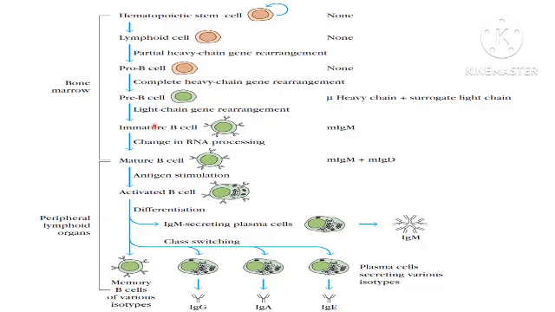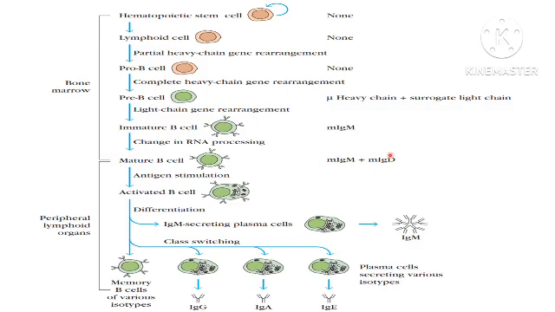After some RNA processing, the immature B cell becomes a mature B cell. This mature B cell, after antigen stimulation, becomes an activated B cell, which differentiates into IgM secreting plasma cells. And class switch recombination can also happen based on the requirement.